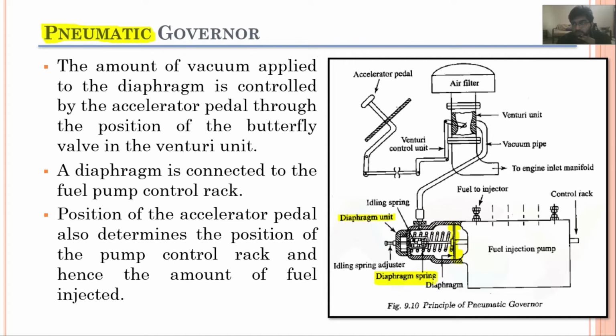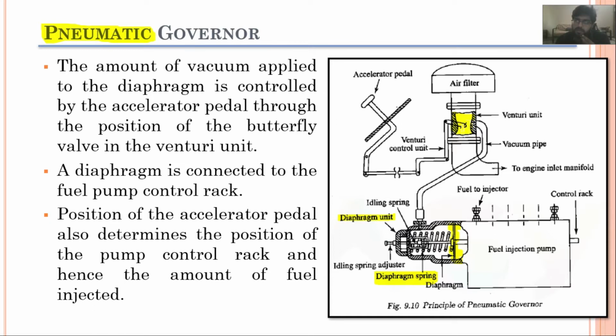During the idling conditions, this Venturi unit is slightly open.